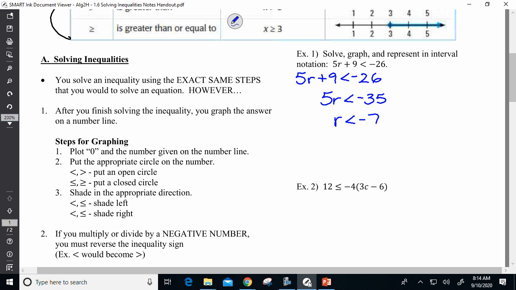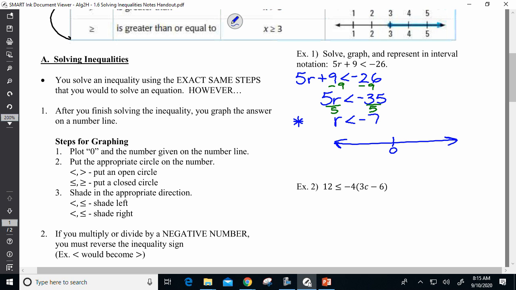So, again, the intermediary steps in between, the minus 9 on both sides, dividing by 5, you don't necessarily have to show those. The steps that I wrote in blue are more than sufficient. So, this is our solving. Now we're going to graph it. So, for the graph, draw your number line, put 0 in the middle.